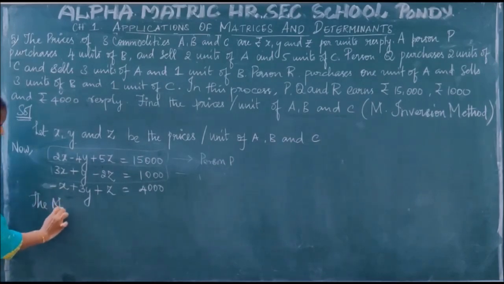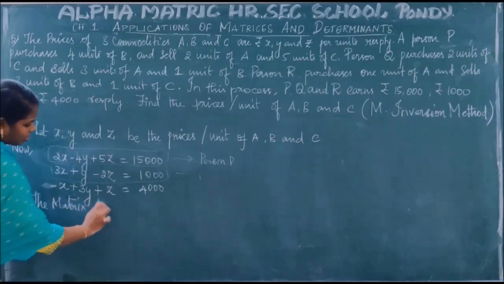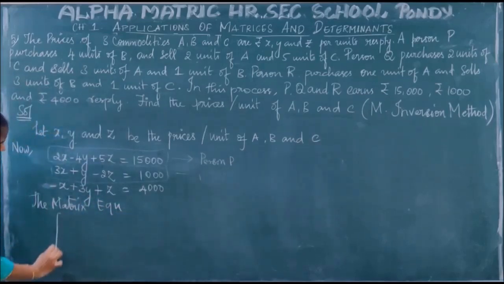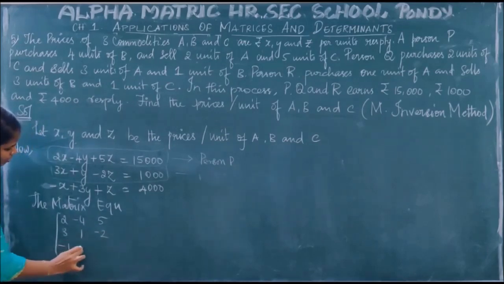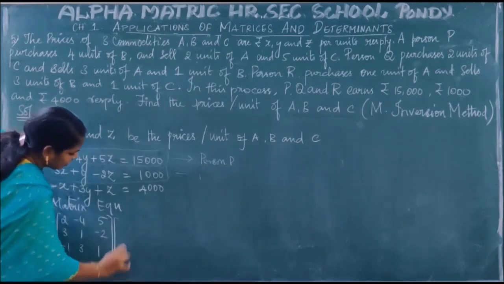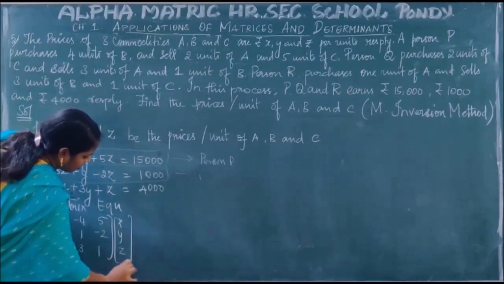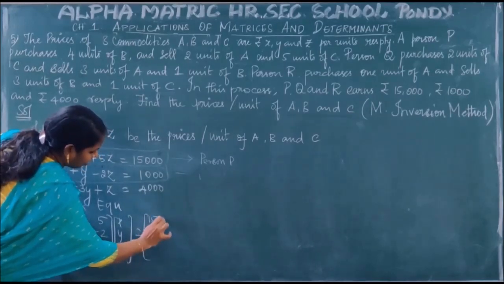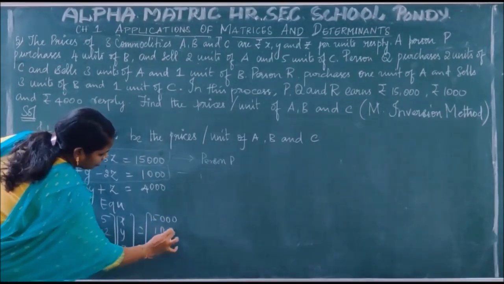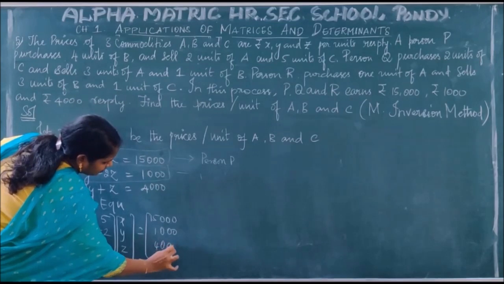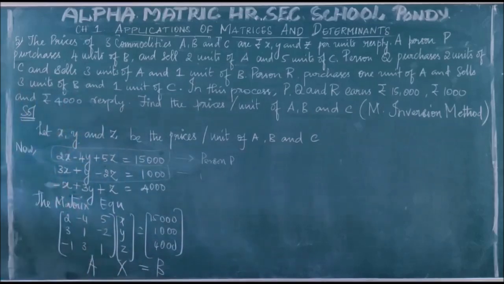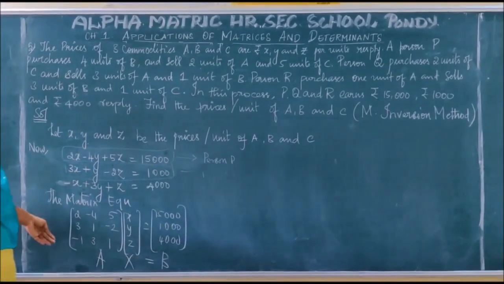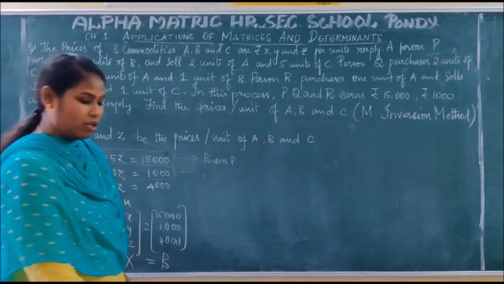The matrix equation is: 2, minus 4, 5; 3, 1, minus 2; minus 1, 3, 1, multiplied by x, y, z, equal to 15,000, 1,000, 4,000. This is our AX equal to B. So we have got the matrix equation. Now we have to find the value of the X matrix.